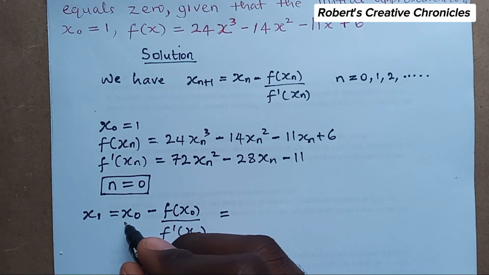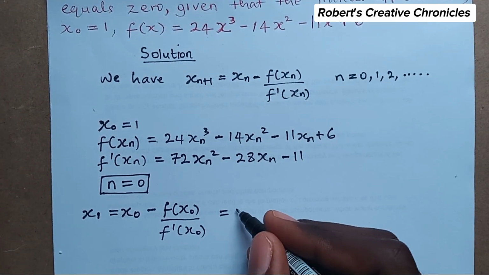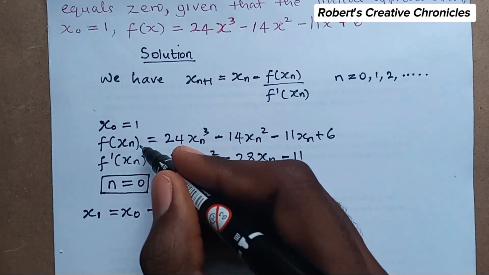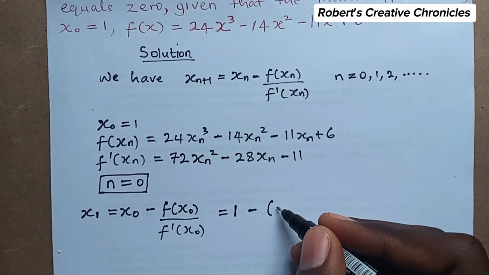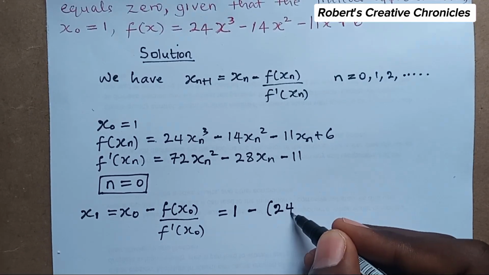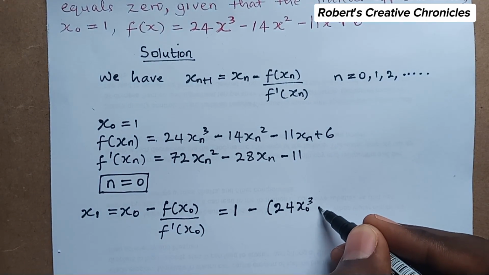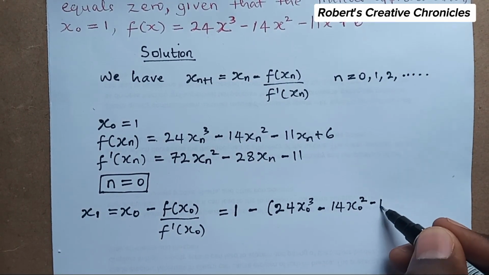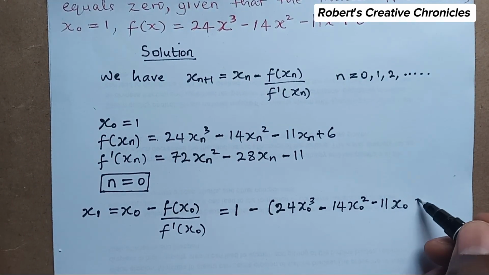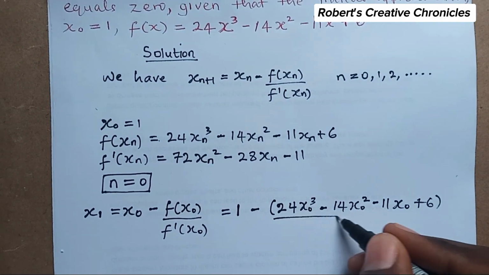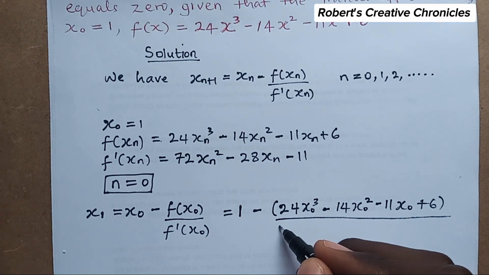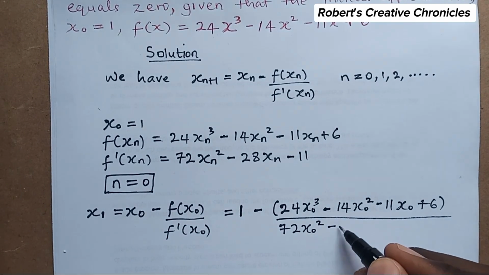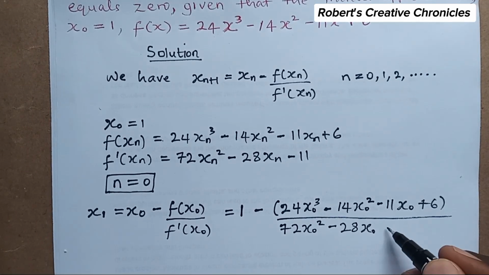Our x0 is 1, from the equation, minus this equation in terms of x0: 24 x0 cubed minus 14 x0 squared minus 11 x0 plus 6, divided by the derivative 72 x0 squared minus 28 x0 minus 11.